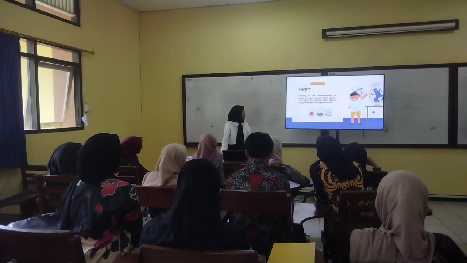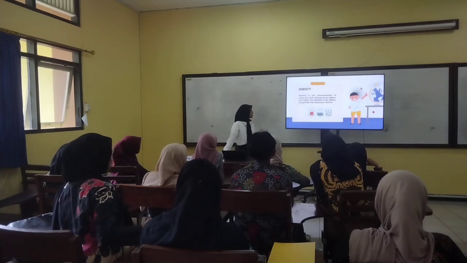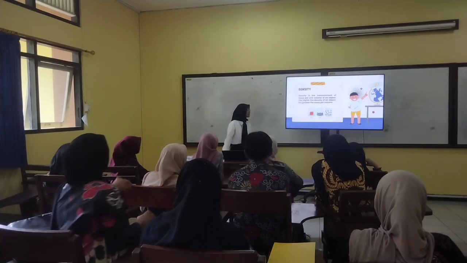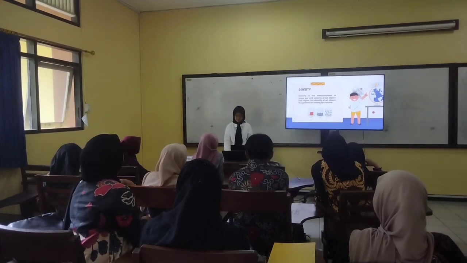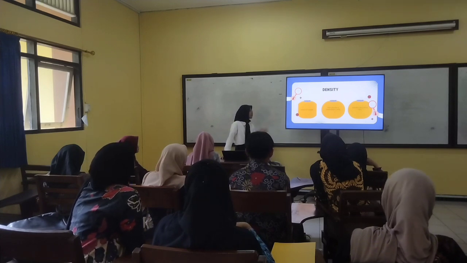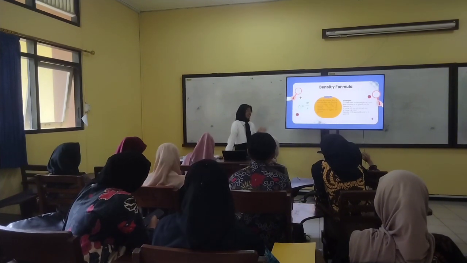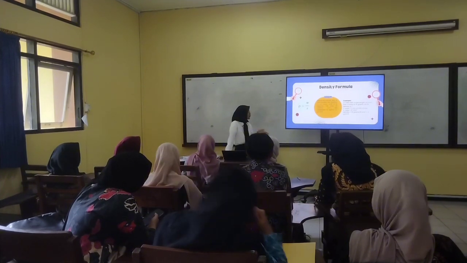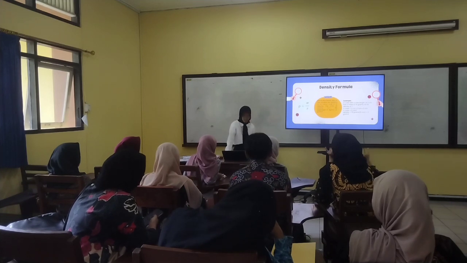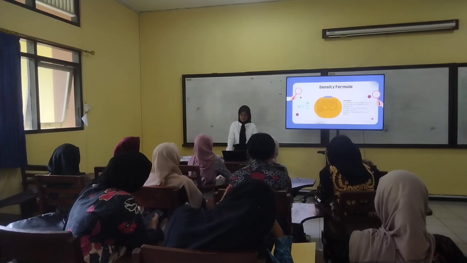Density is the measurement of mass per unit volume of an object. The higher the density of an object, the greater the mass per volume. Density is the mass of matter per volume, the ratio of mass and volume. This is the density formula: rho equals mass per volume. The unit of density can be expressed in kilogram per cubic meter or gram per cubic centimeter.